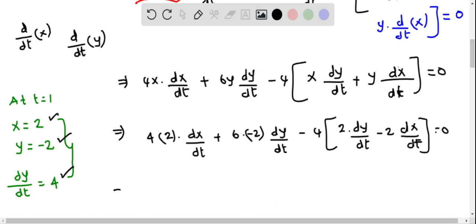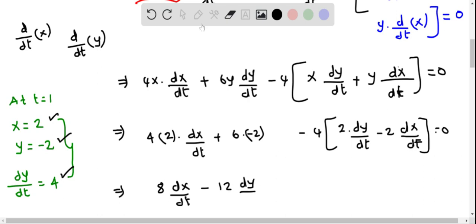Let's simplify this. This is going to give us 8 times dx over dt, minus 12 times dy over dt. In fact, I could have substituted for dy by dt, which I did not. Let me do it now.